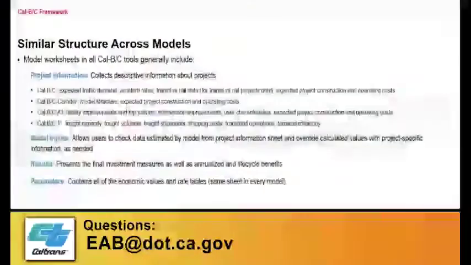The model inputs tab allows users to check the data by model from what was entered on the project information sheet and override calculated values if they have information more specific to their project.